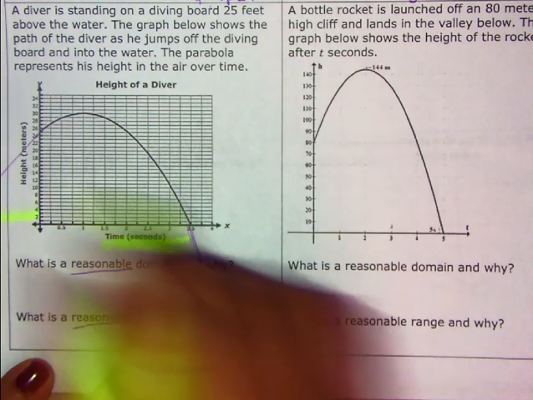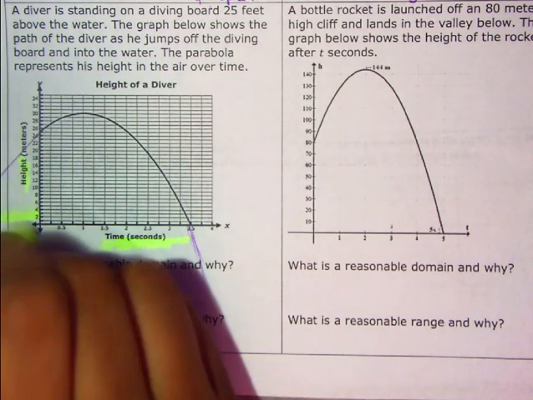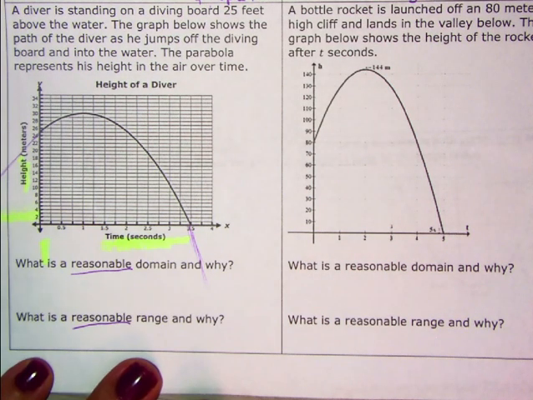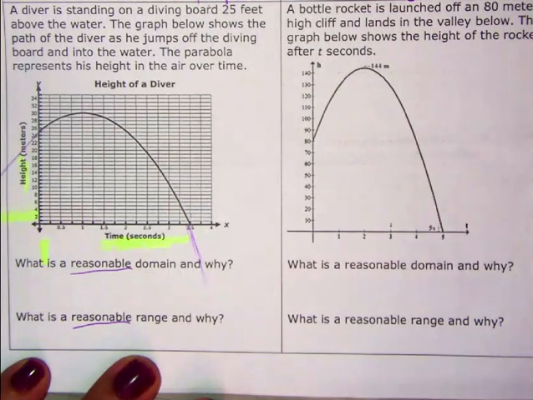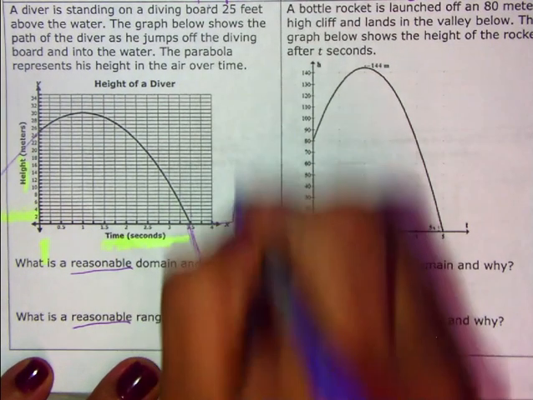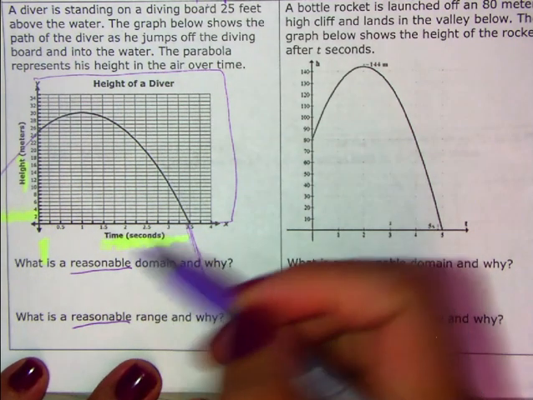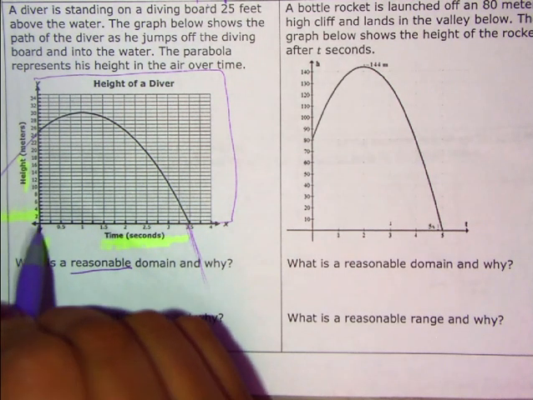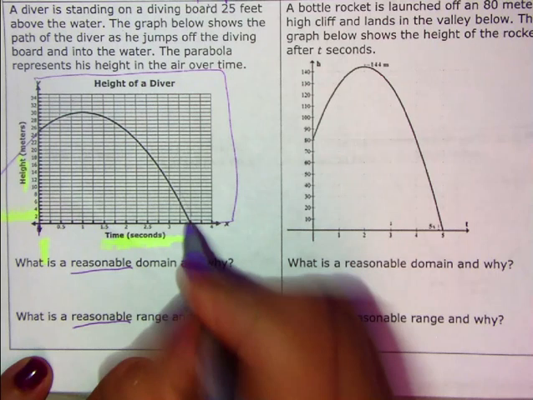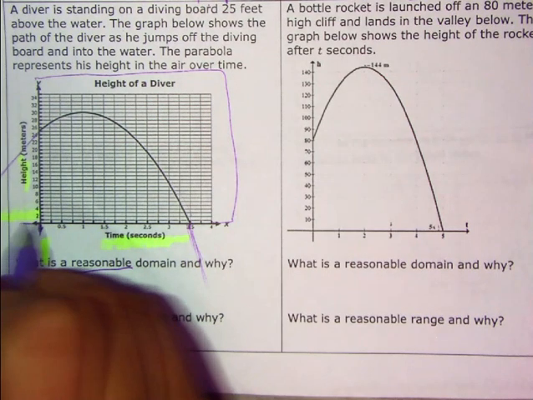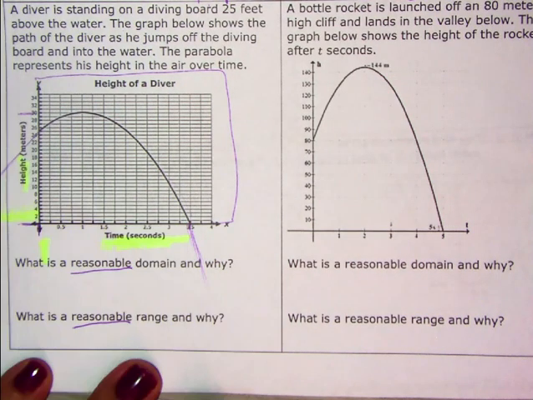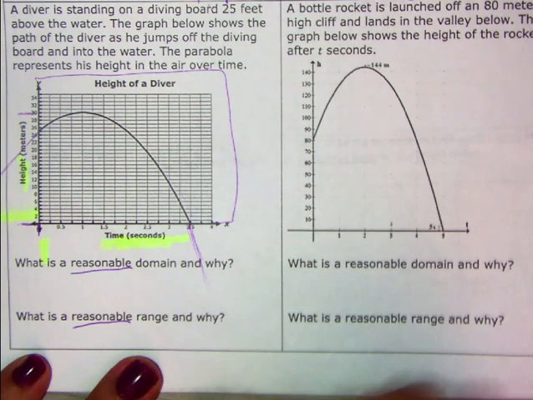And in terms of height, we also don't have negative amounts. So it only makes sense to say that we got to focus on quadrant 1 of the coordinate plane, and just give those limitations of what's the minimum and what's the maximum. So that's what reasonable domain and range mean.